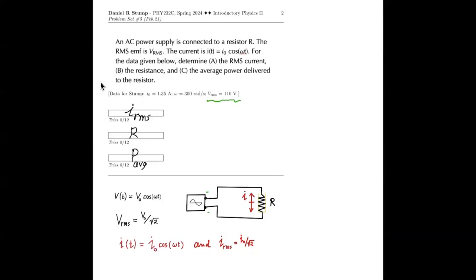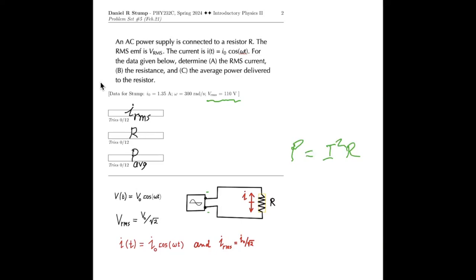And you have to calculate the RMS current, the resistance, because you're given information about the current, you can calculate the resistance, and then the average power. You remember from the previous chapter, power in a resistor is I squared R.